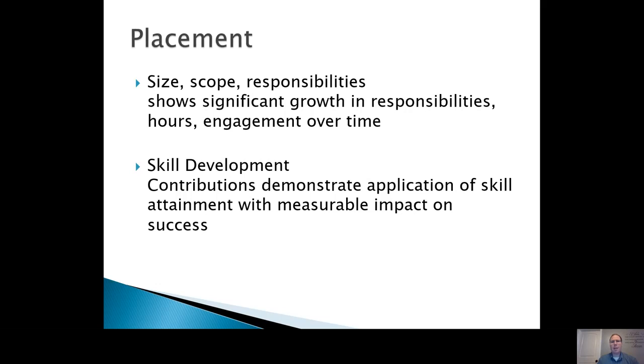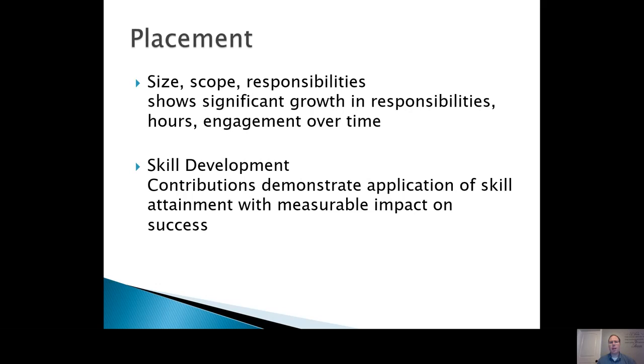For some students, we may see that their position has stayed the same. Maybe they started out in a feed mill and they're still at the feed mill, but their hours worked, their money made has grown. And if that's true, then we're very happy about that. Again, skill development is huge on a placement form.